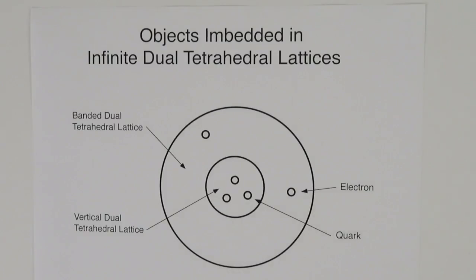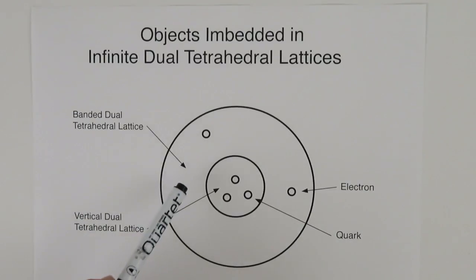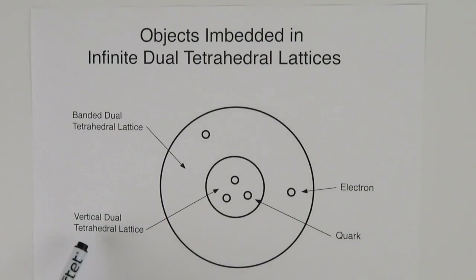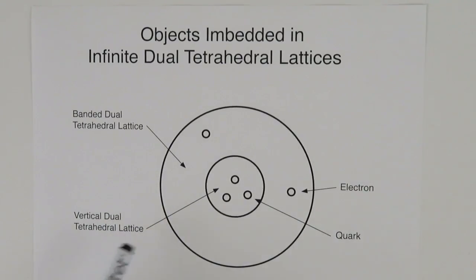This is a possibly plausible construction using the dual tetrahedral lattices, where we use the banded style of the lattice for the outer field, and the vertical dual tetrahedral lattice for the inner field, or vice versa. It makes no difference in that respect.